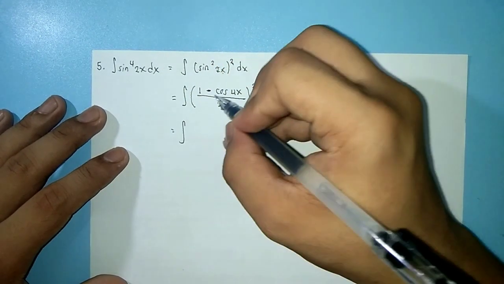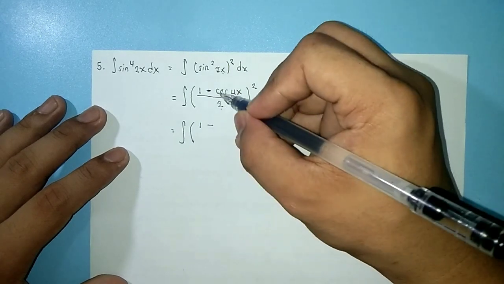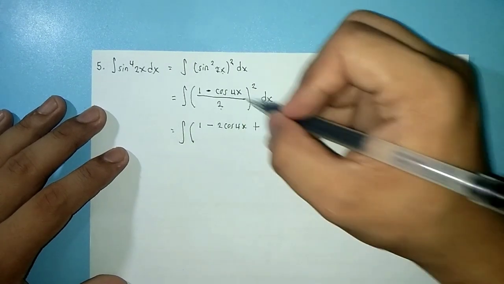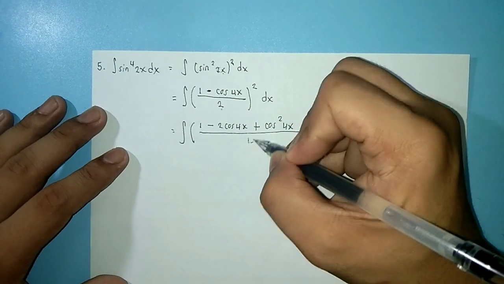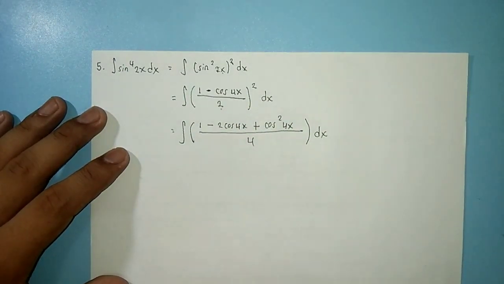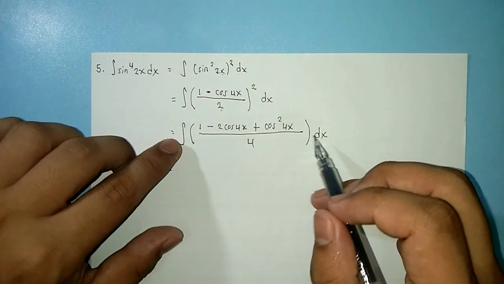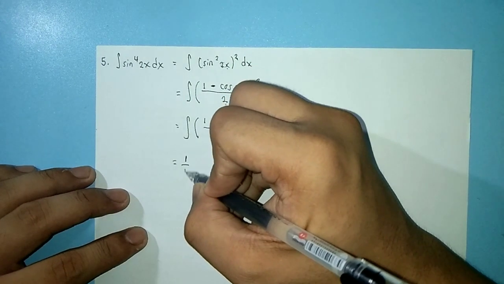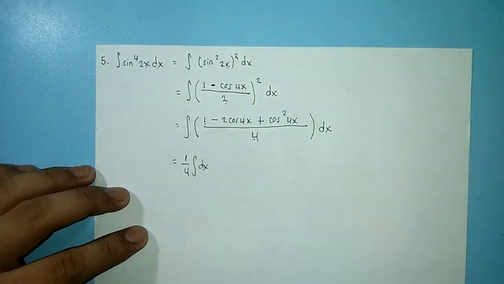So maggawin natin siya 1 minus 2 cosine 4x plus square nito square of cosine 4x all over 4. Okay? So ilabas natin, magiging distribute na kagad natin pati yung 4. So dito magiging 1/4, ito yon 1/4 integral of dx.